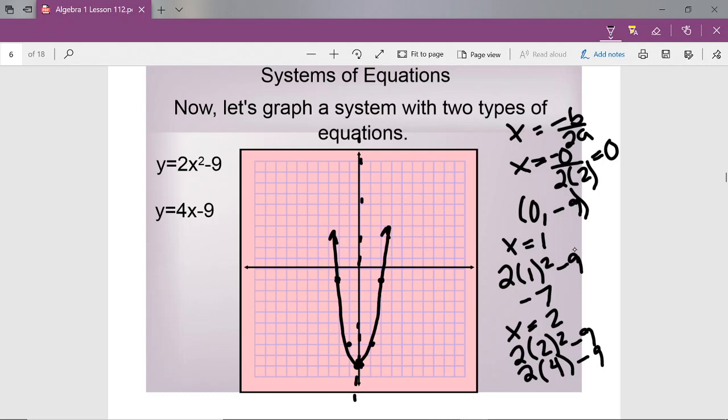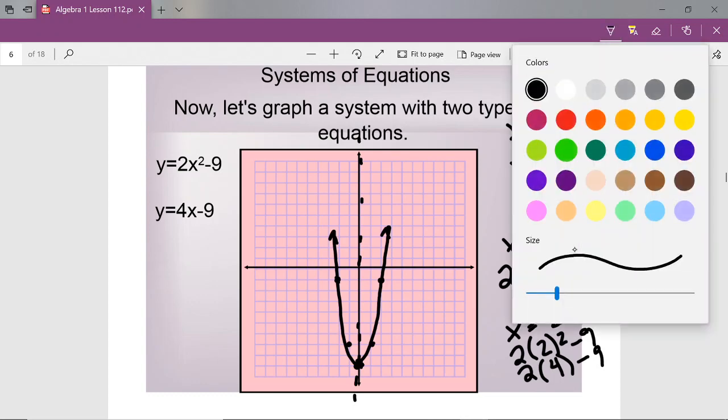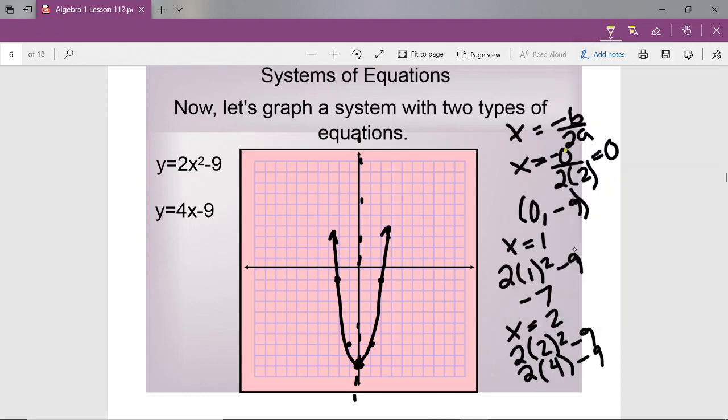Now I have also a linear function, which I am going to graph here in lime green, and we also start at negative 9 as my y-intercept. But in this case, I have a slope of 4, so I go up 4 and over 1, up 4 and over 1.